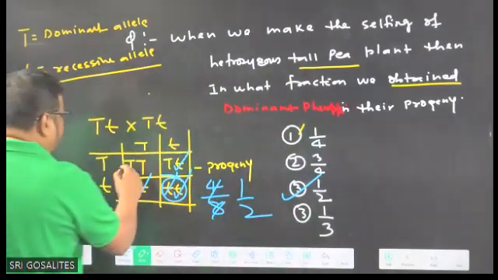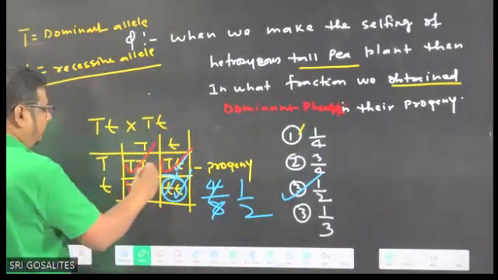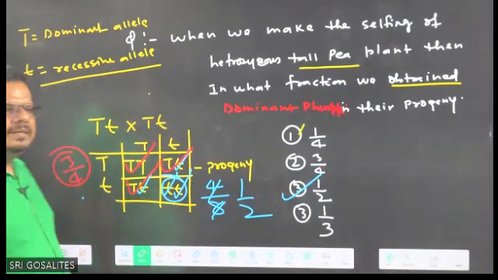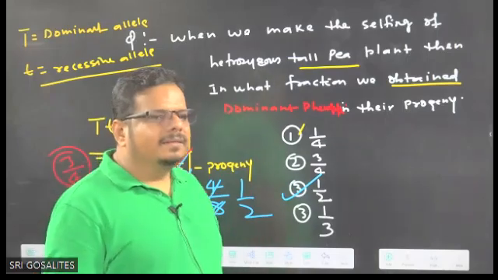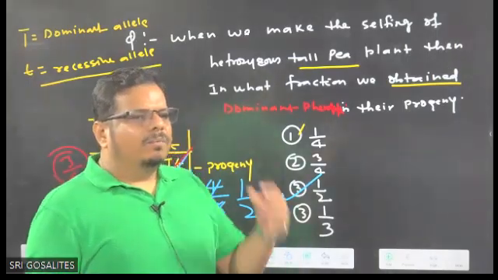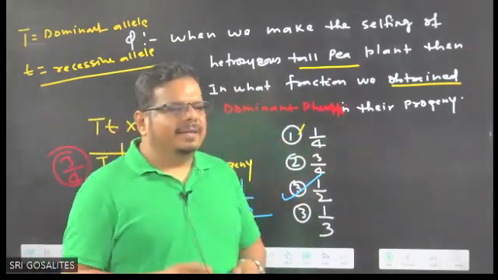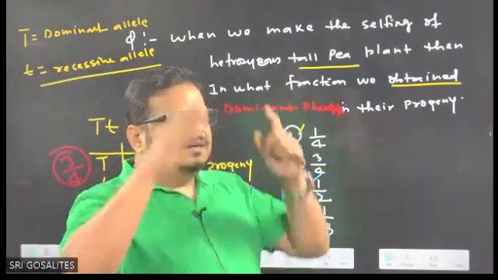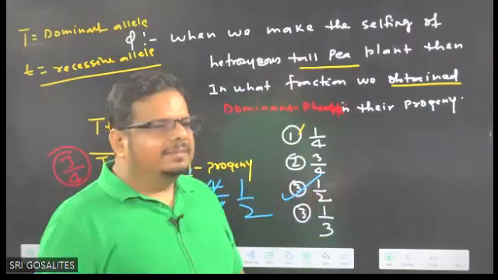Who is dominant phenotype? This, and this. 3 out of 4. 3 by 4. You got the idea? Understanding the idea? So what exactly we are asking, you first try to understand. First understand the question well.